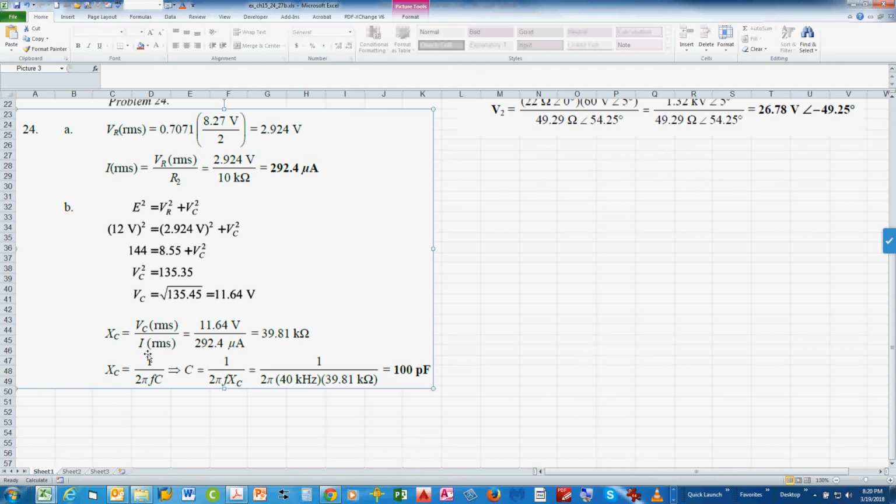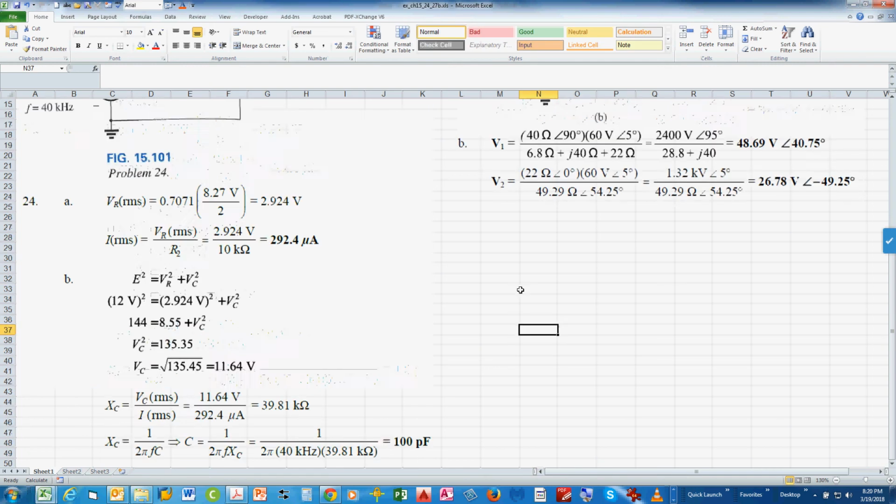Then using this formula, you multiply both sides by C and divide by XC, and then you get this formula, which is just a derivation of this formula. They give you the frequency, you found the reactance, so when you multiply it all out, it equals 100 picofarads, or 0.1 nanofarads.